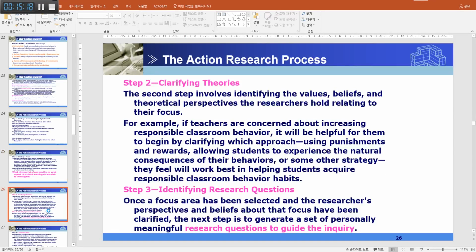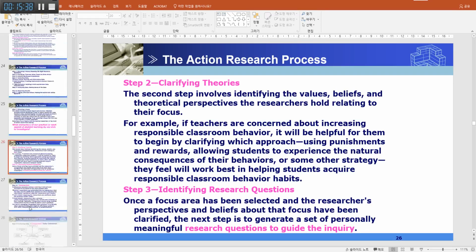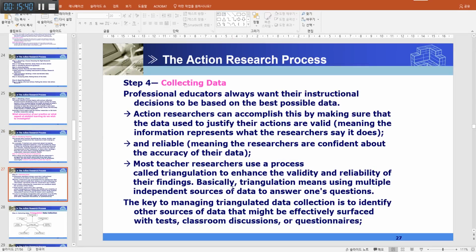Okay? And step 2 is about clarifying previous theories, background knowledge, what other people have done with my research topic. And you need to narrow down research questions. Okay? And then step 4, through your own research methods and strategies, you need to collect data.